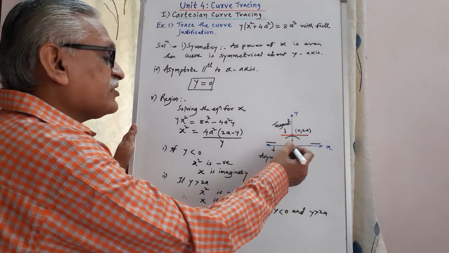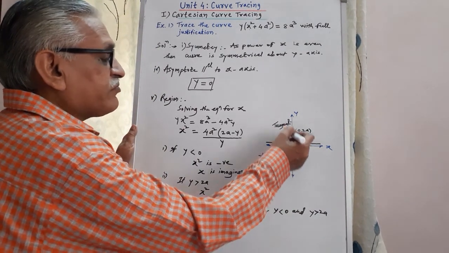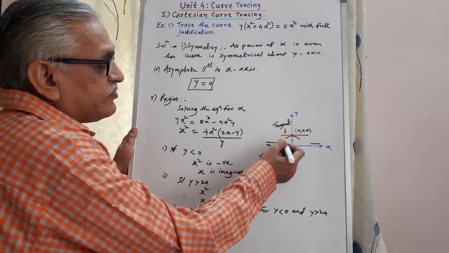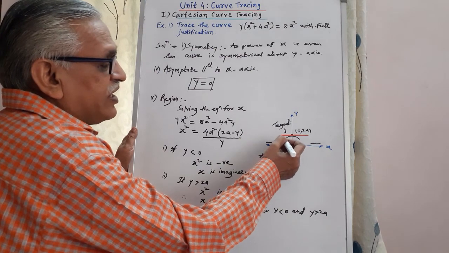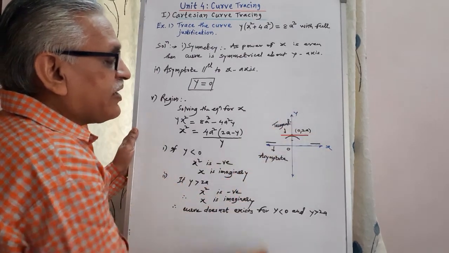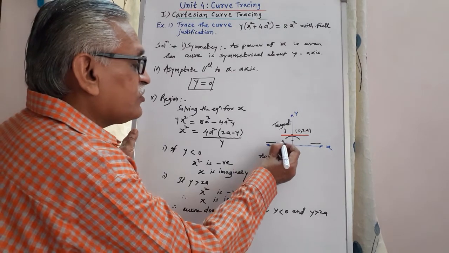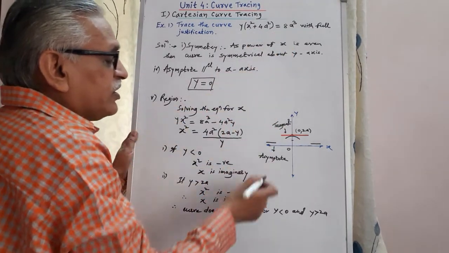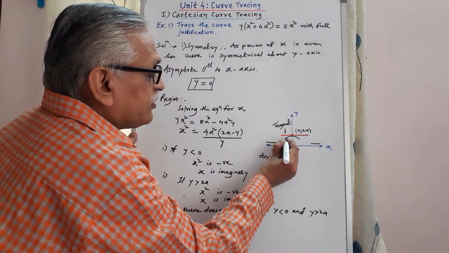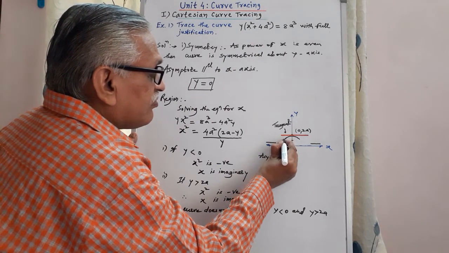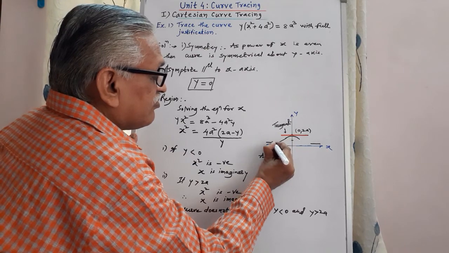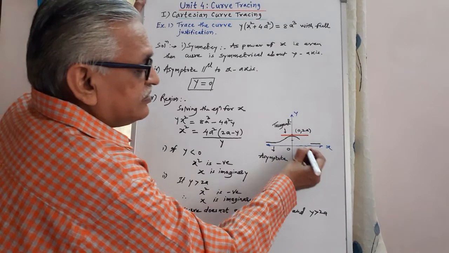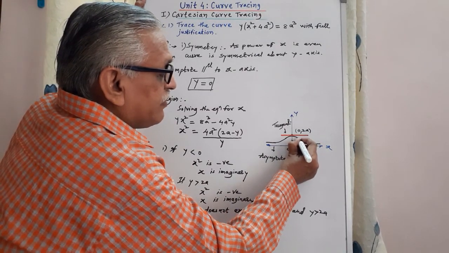Then the curve exists between 0 to 2a, means we have to join these two parts smoothly, knowing that we are getting some values for y, and therefore don't join it by a straight line because it is not a linear curve, it is a non-linear curve. Therefore we join it smoothly, we get half part of the curve, and try to complete the symmetrical half part.